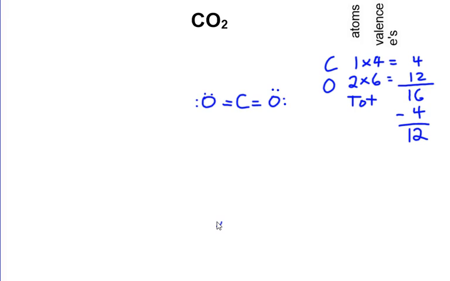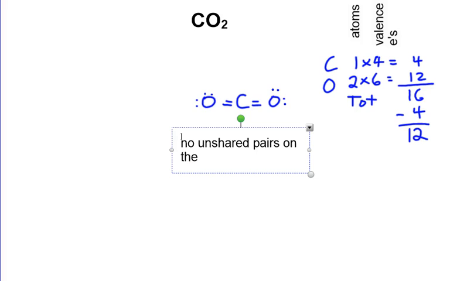So, to be able to make him go straight, we can't have unshared pairs on the central atom. So, for this reason, no unshared pairs on the central atom. Because of that, we can call this guy linear.